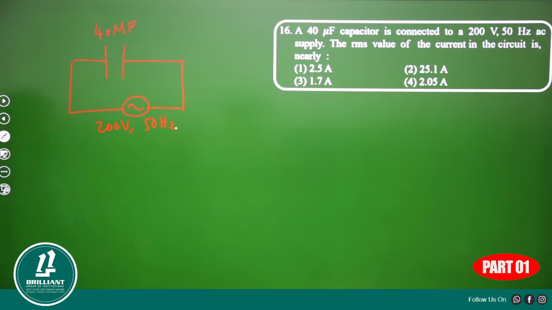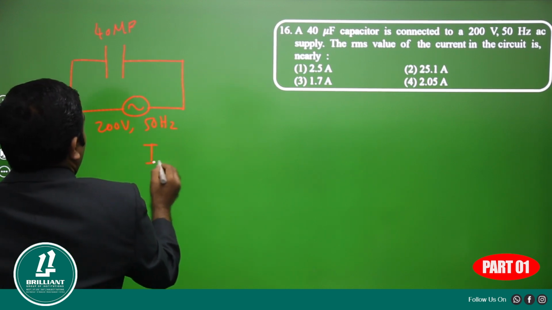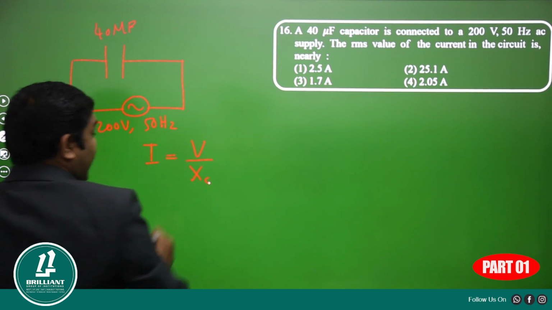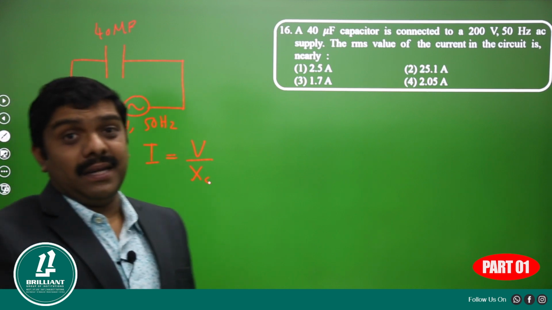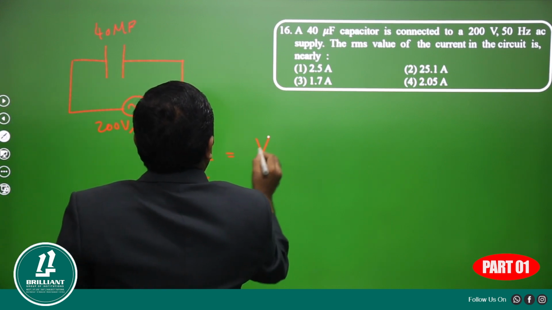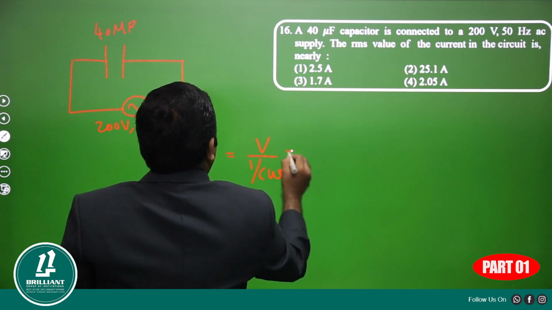See how we can find the current here. So current I is equal to V by XC. XC is capacitive reactance. And XC is equal to 1 by C omega. So I equals V C omega.